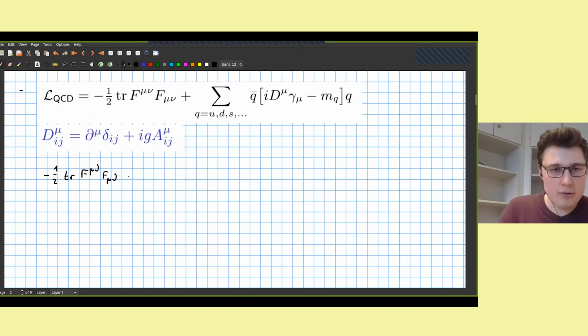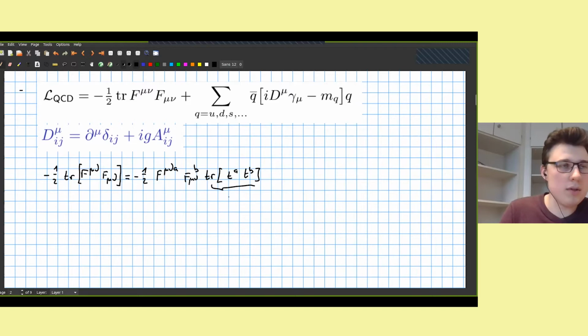That's quite straightforward. We simply use the relation we already derived in the last exercise. So this gives us an F mu nu A, F mu nu B, trace of, just to be clear, we need brackets here, trace of TA TB. For that, we simply use the hint in the exercises in the lecture.